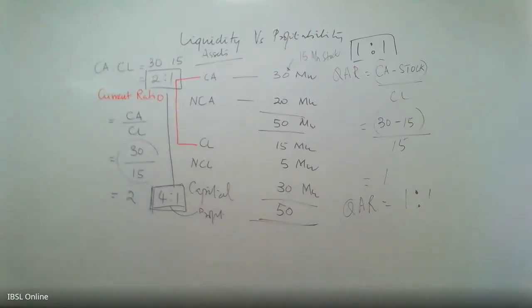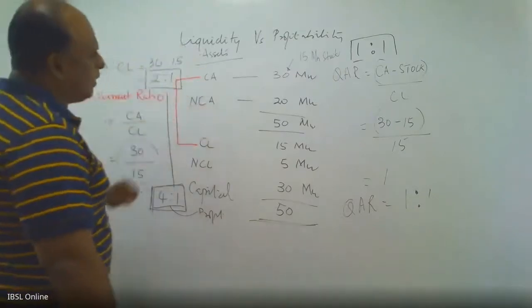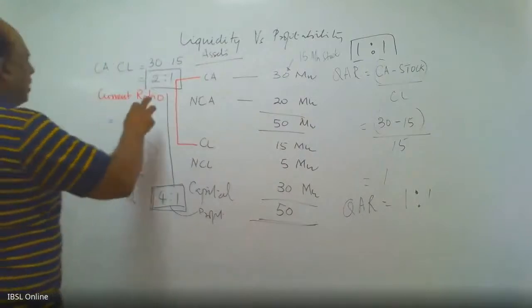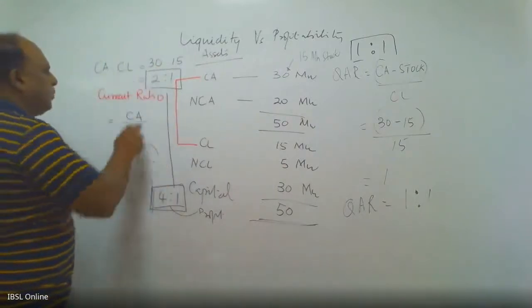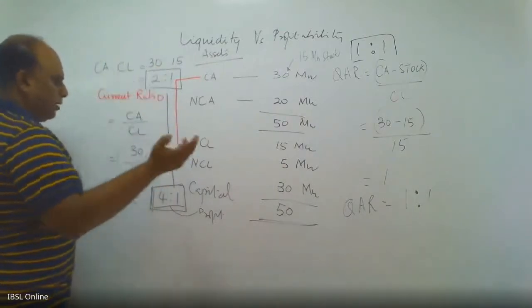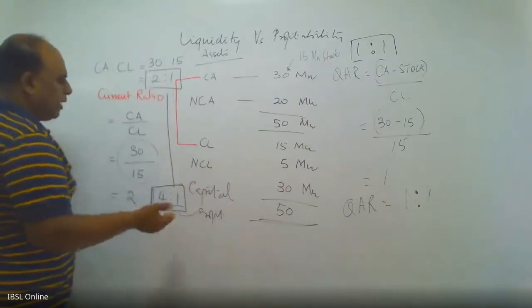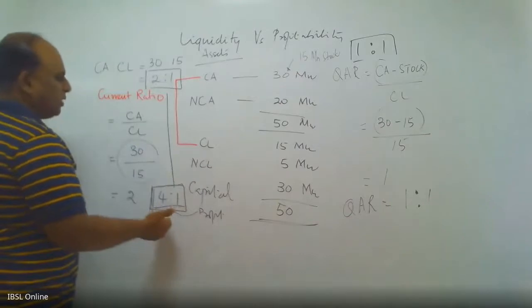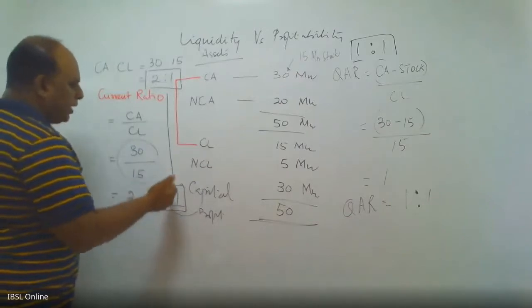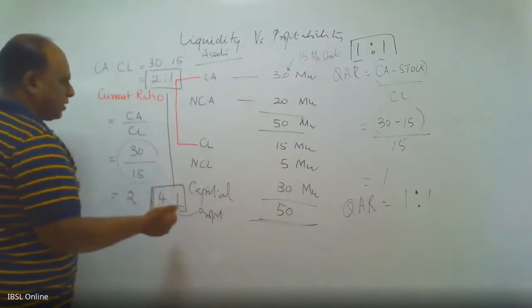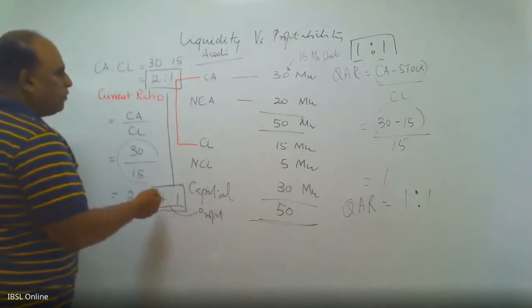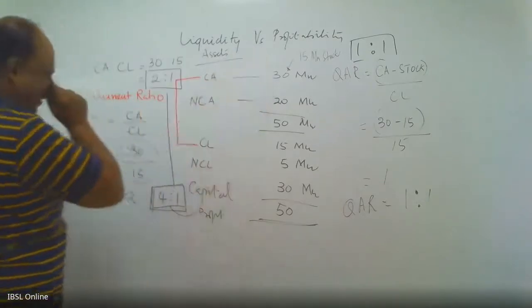So in the examination, if you are supposed to calculate and interpret these ratios, you have to mention this. The benchmark for the current ratio is 2:1, but the ratio you calculated may be 4:1 or something different. Then you have to say that the company is maintaining a higher current asset ratio, but it may not be good enough to earn a better profit.